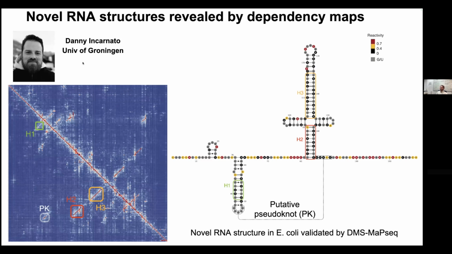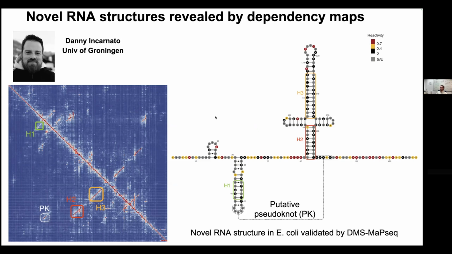And we partnered with Dani Incarnato from the University of Groningen, who performed this assay, which is the DMS MaP-seq, which measures the reactivity of each nucleotide to DMS, specifically A and C nucleotides. And the higher the reactivity of a nucleotide, the more likely it is in an unpaired state.